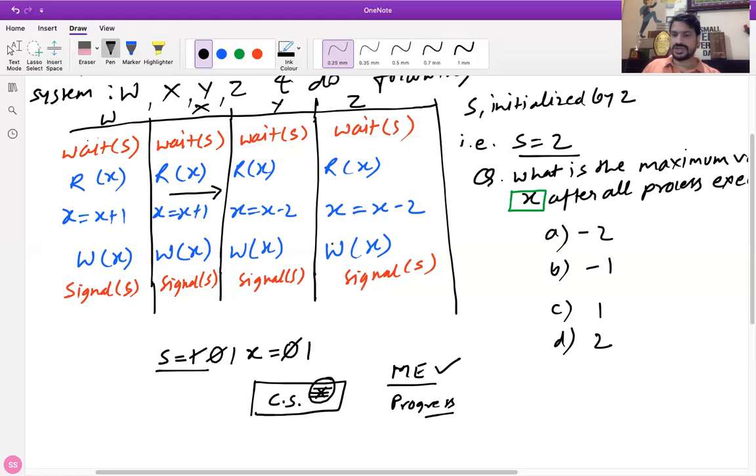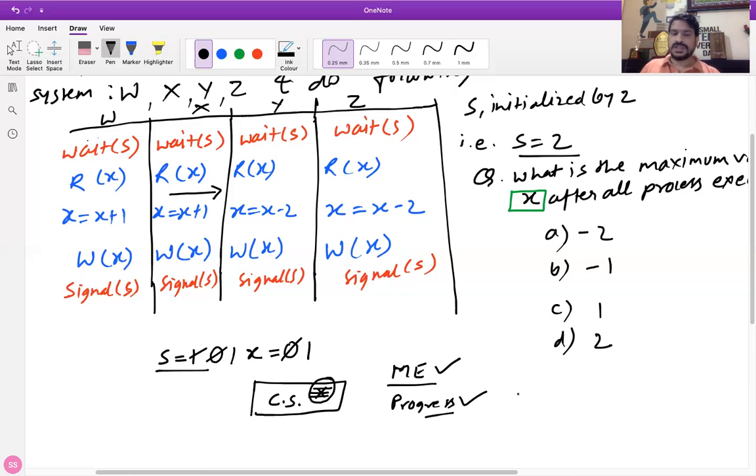So there is no restriction on that. So progress exists. And we have seen that bounded wait doesn't exist here, because we don't have any other variable to find out whether some processes are waiting for a longer period of time.